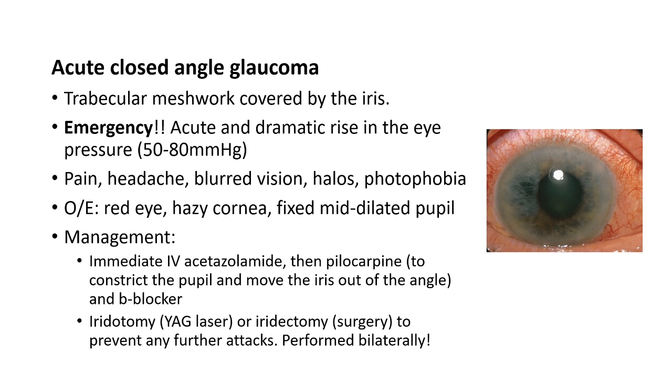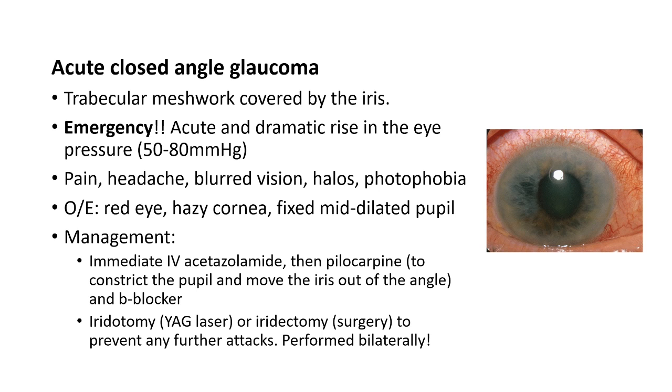On examination, the eye is red, hazy, and with a fixed mid-dilated pupil, which is due to the increased intraocular pressure. The management should be immediate with IV acetazolamide and then pilocarpine and beta blocker, with the aim of lowering the intraocular pressure.